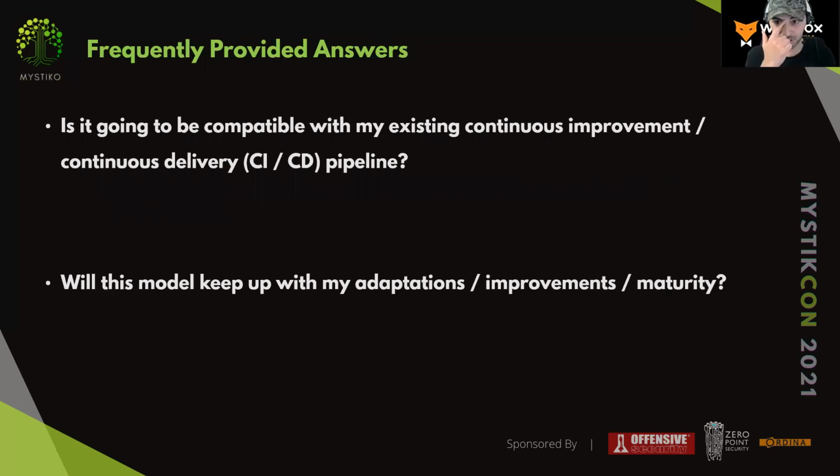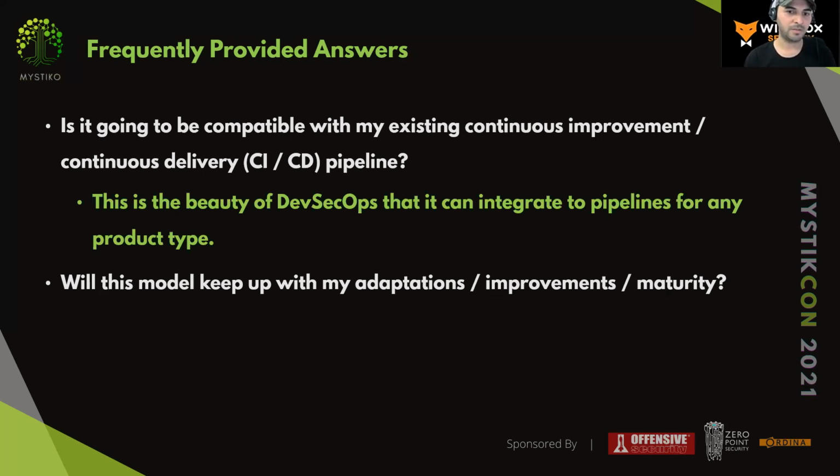Other questions are more around, is it going to be compatible with my CI/CD pipeline? We are using Jenkins, or GitLab, or CircleCI, or whichever CI/CD platform you're using. Of course, yes, because all this tooling is available in Docker, so you could just deploy a container and simply run a tool.